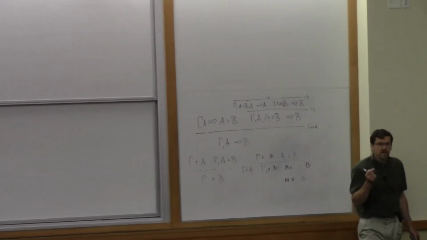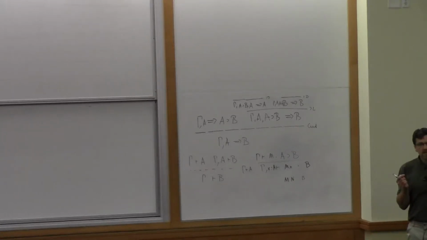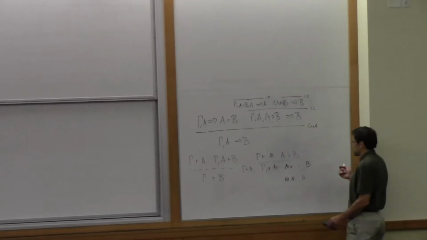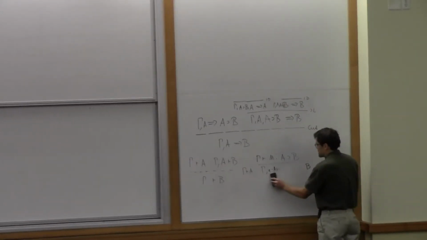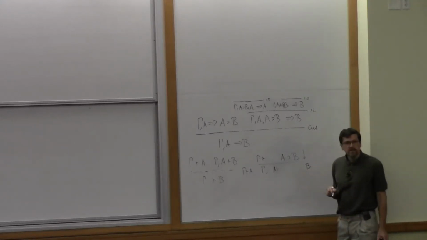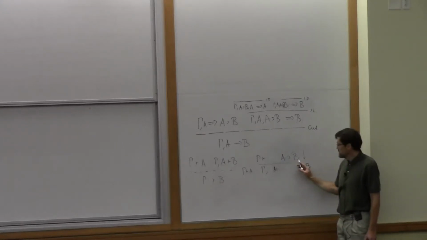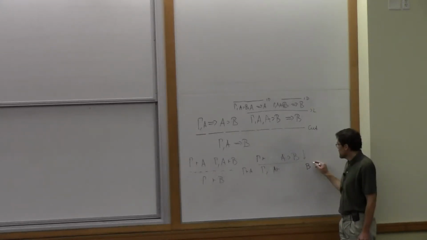Yeah? Is this a consequence of the failure of the subformula property? The subformula property actually does hold, because if we ignore this, this is an elimination rule, so you have to ask in the downward direction. We're allowed to use A implies B, and so we're allowed to use A here.